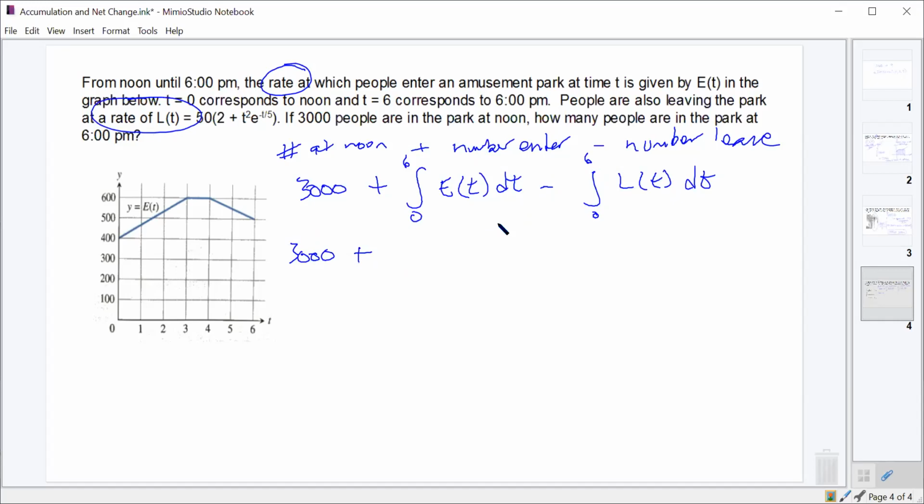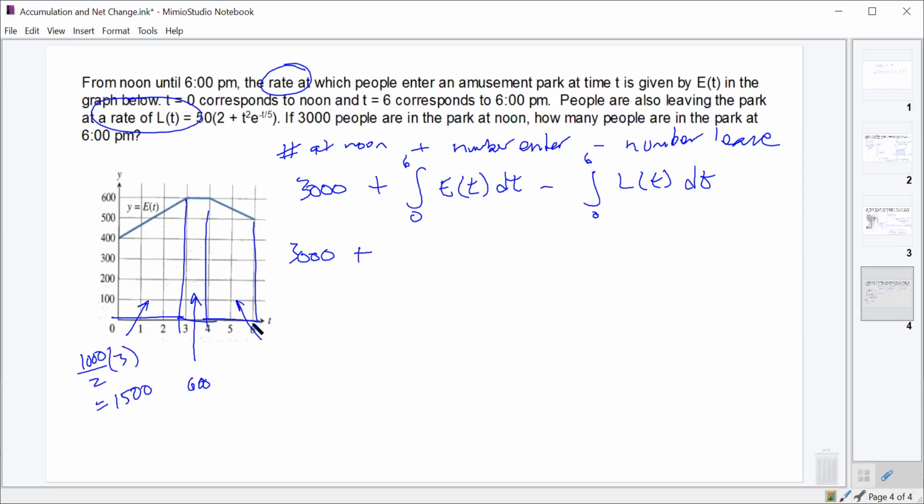Just use the graph and break it down into shapes. Yeah, break it down into shapes and find the area underneath it, right? That's what the integral is. It's just an area. So that little rectangle in the middle is the easiest one, right? That's 600 by 1, so 600 there. What about this first trapezoid here? It's got a base of 400, another base of 600. So 1,000 over 2 times 3 should be, what, 1,500?